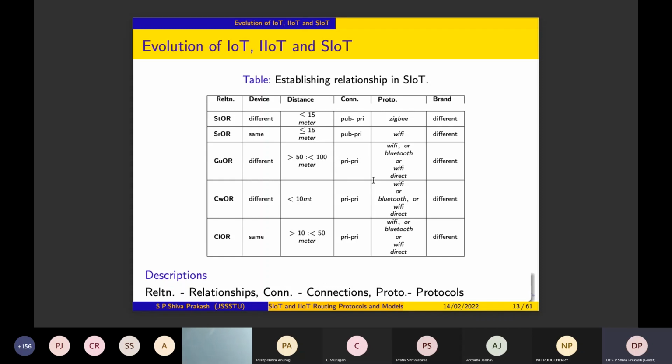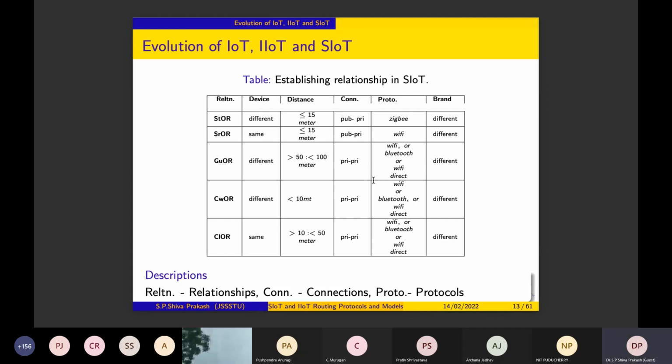Now, how are these relationships formed? How do we establish the relationship? The basic types can be defined as user-to-object and object-to-object relationships, and the relationships are categorized based on that. Where you have a set of physical devices, how do I use them?